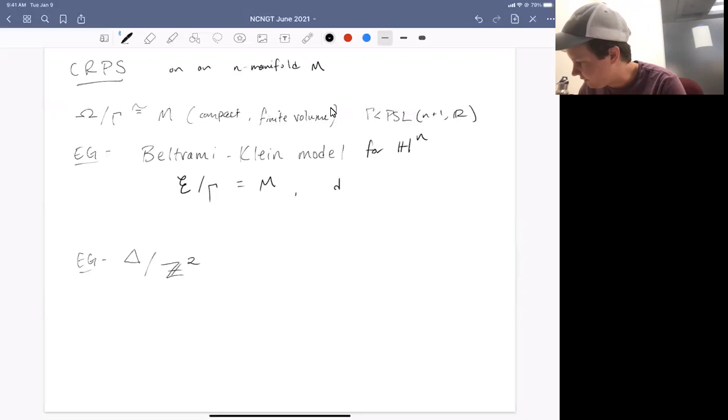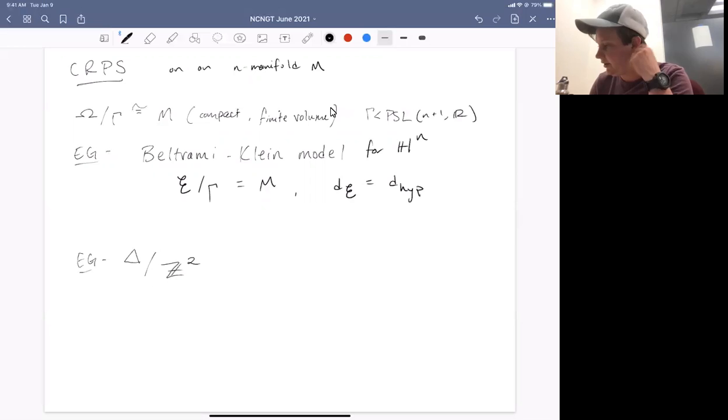So in other words, the ellipsoid with the Hilbert metric is literally isometric to hyperbolic space. This is just another model for constant curvature -1 hyperbolic space.